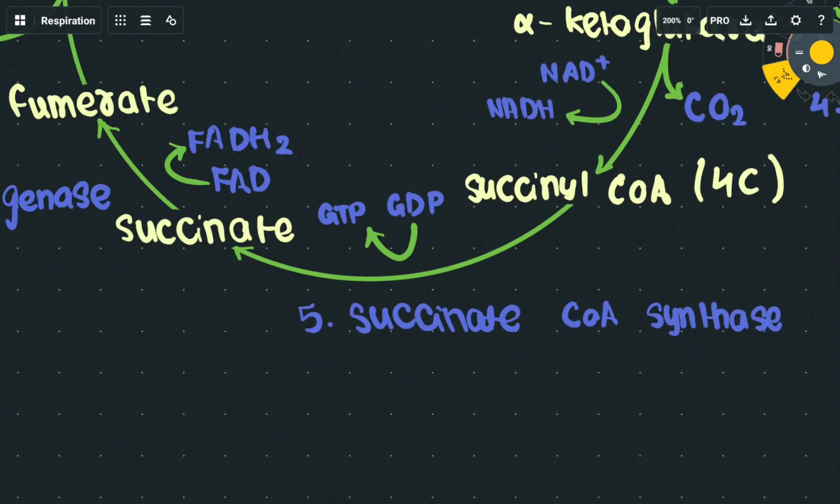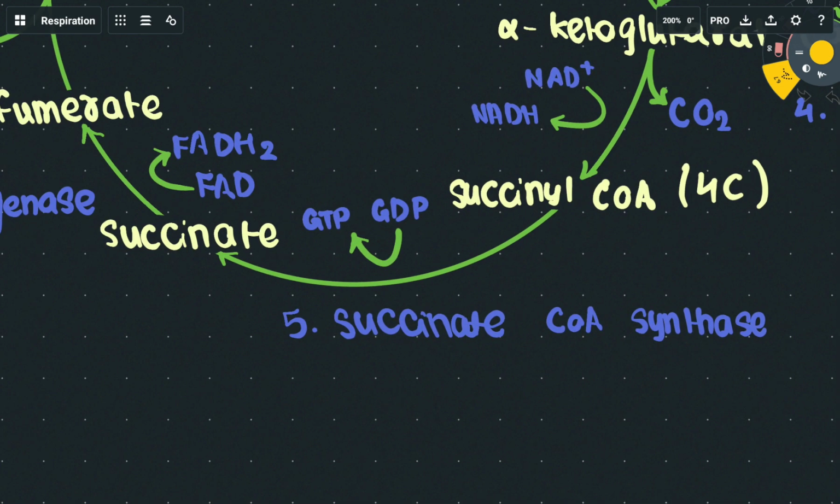Next step is a little interesting, because now we're not seeing NADH or, in fact, we're not seeing ATP being produced. We are seeing guanosine diphosphate converted to guanosine triphosphate. By the way, this would eventually lead to the formation of ATP, but it's not direct, because some plants and, for example, liver cells produce GTP instead of ATP because it's simply an easier molecule to form in that environment.